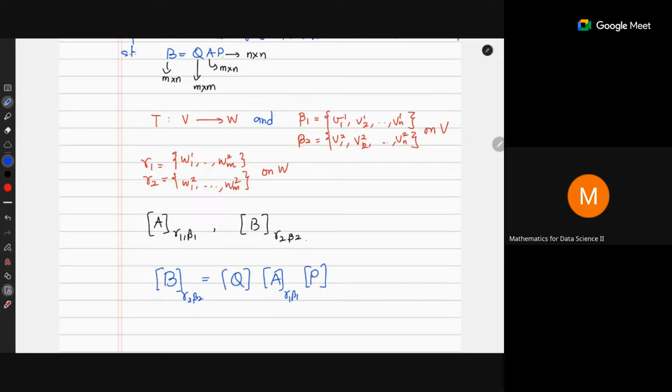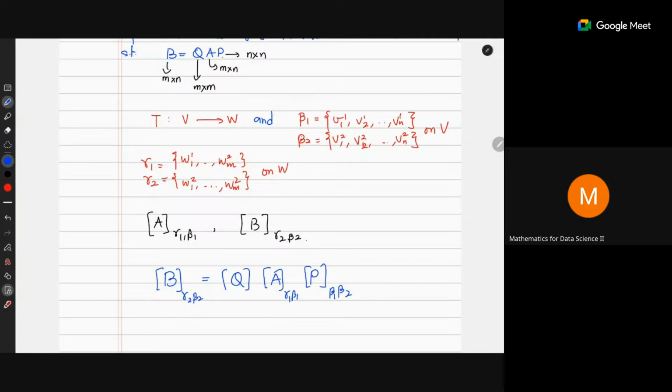Matrix P, if you look at the right-hand side, on the left-hand side it is beta 2, gamma 2. So the vector that you will apply will be expressed in terms of beta 2. So I need to apply a matrix which will convert my basis from beta 2 to beta 1.